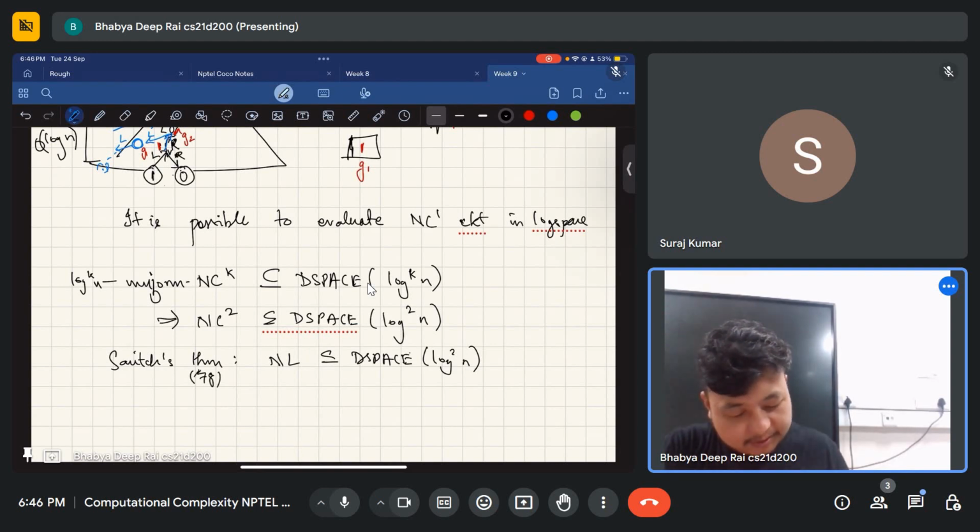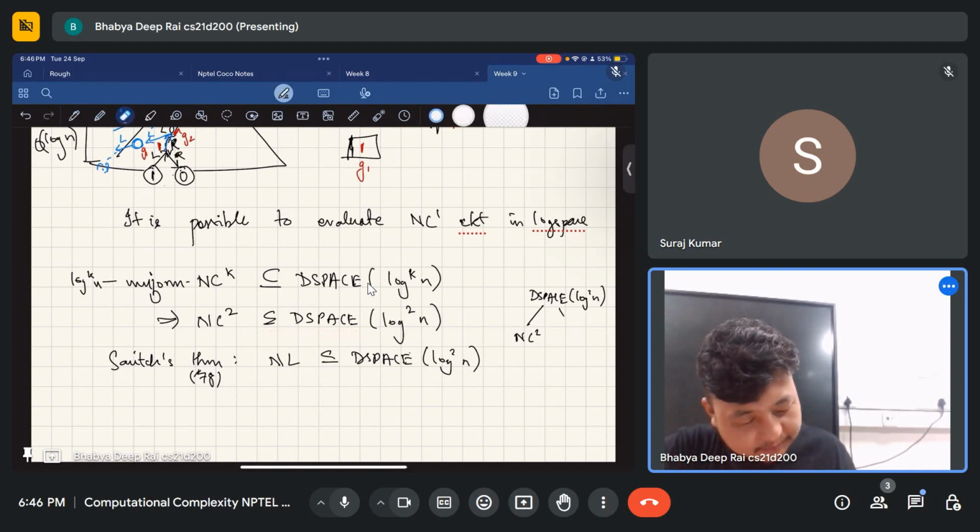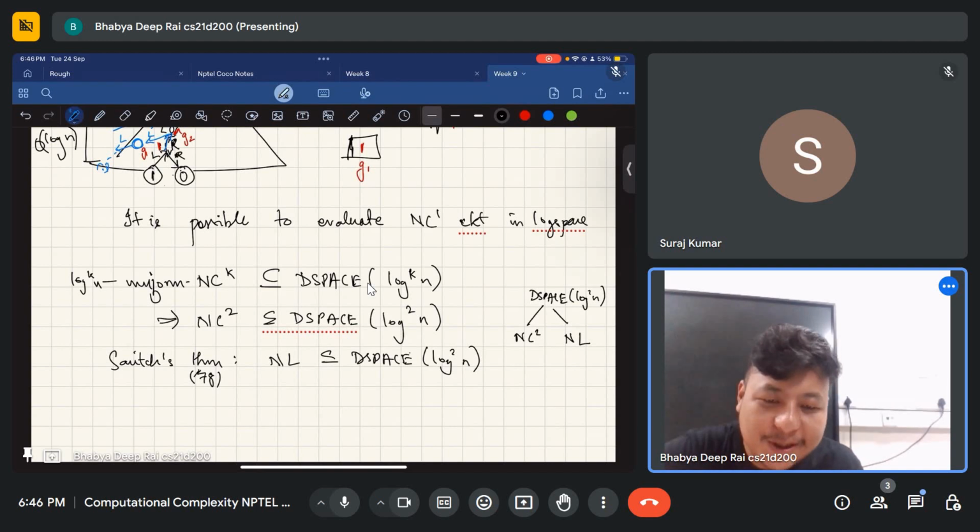Now you have NC2 is contained in D space log square n, and NL is also contained in D space log square n.